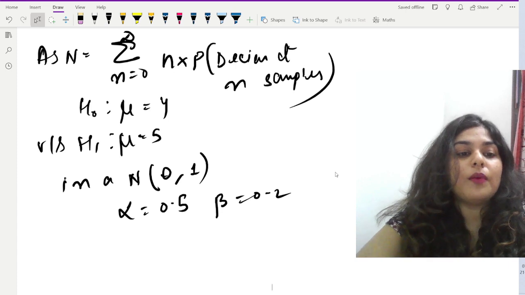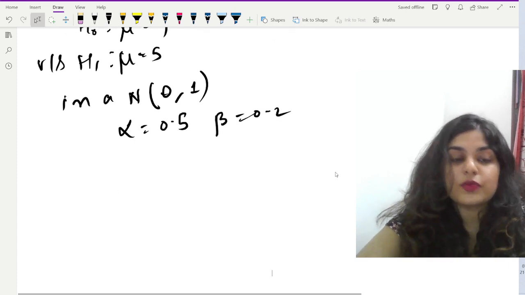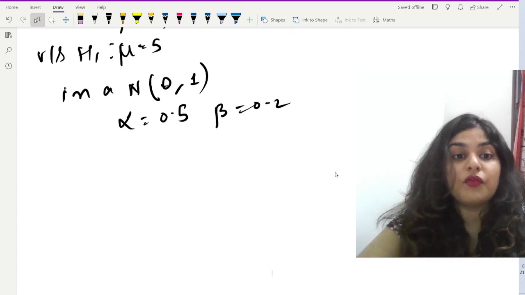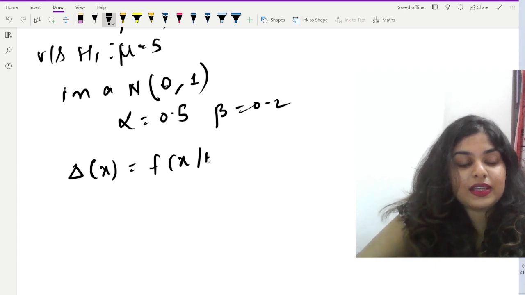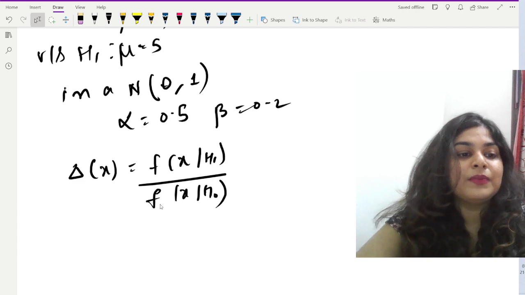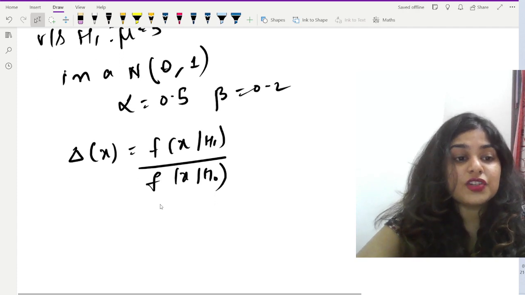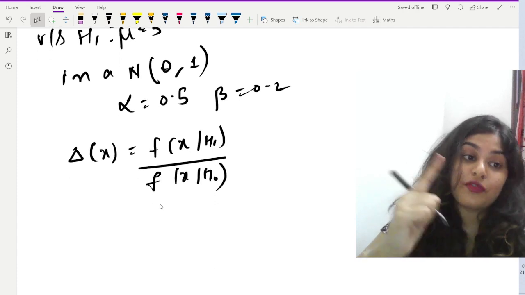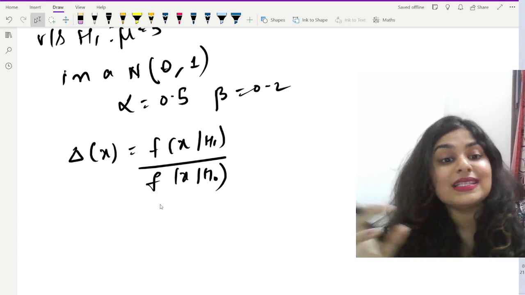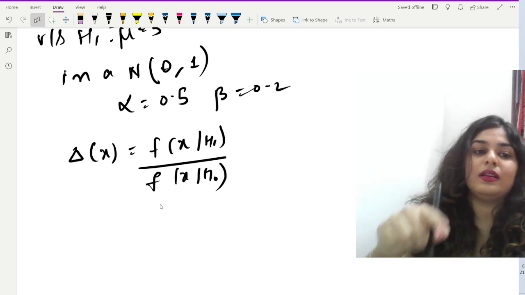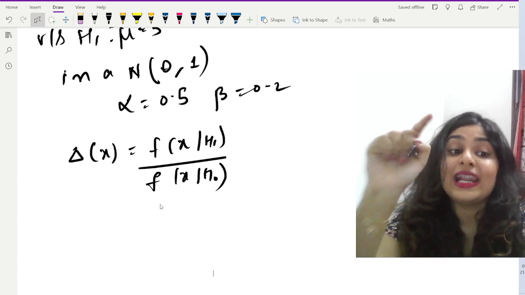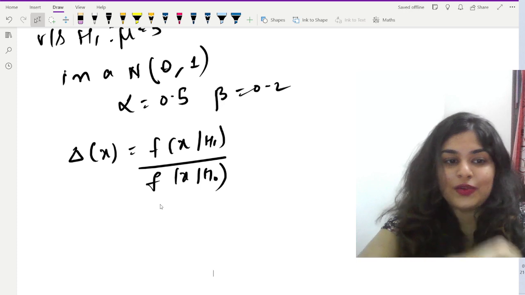Now for a normal distribution with mu and sigma square as the parameters, the likelihood ratio for observing sample X is f of X given H1 divided by f of X given H0, where f of X given H0 and f of X given H1 are the probability density functions of the normal distribution under the null hypothesis H0 and the alternative hypothesis H1 respectively.